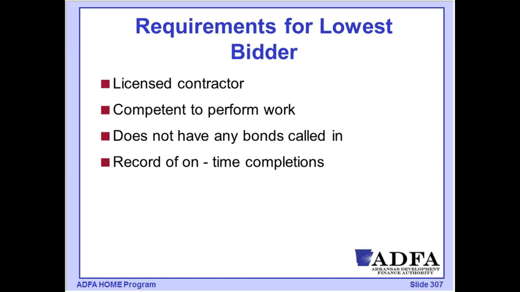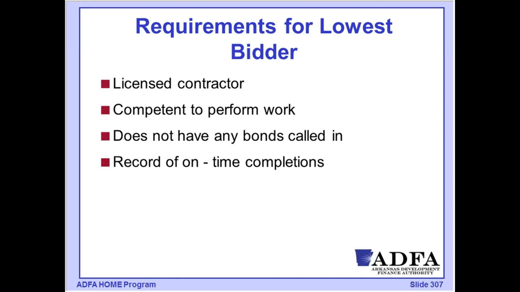We may run across a contractor that we realize we don't want to include in our program in the future because of the quality of work or the timeliness with which they were completing it. We want to make sure that our contractors do not have any bonds that have been called in and that they have a record of on-time completion.